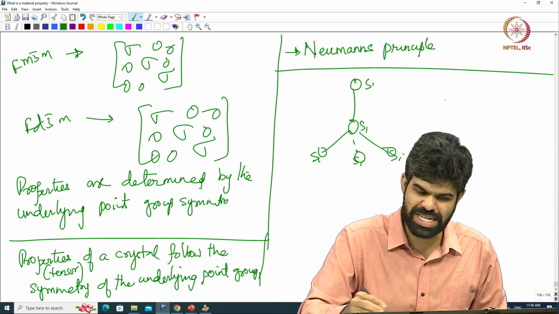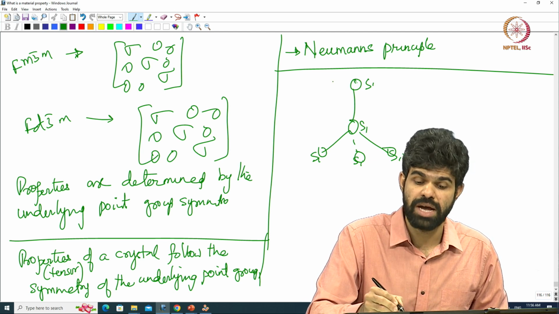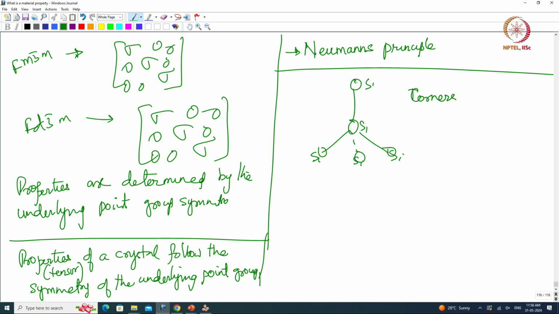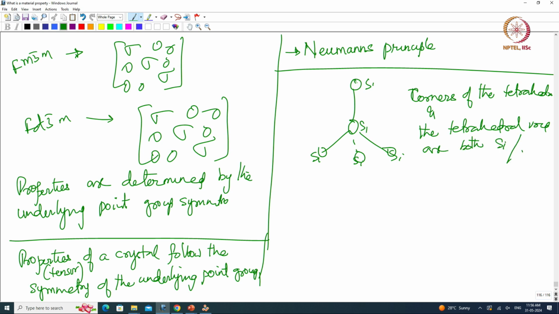So, instead of having the tetrahedra corners and the tetrahedral void both be silicon, or the same atom, that gives it an F, and then it is crystallizing in Fd3bar m symmetry.